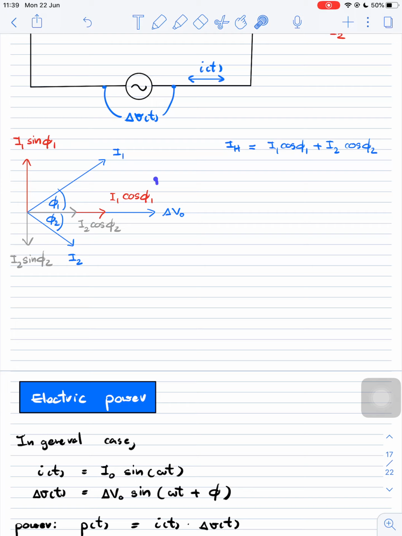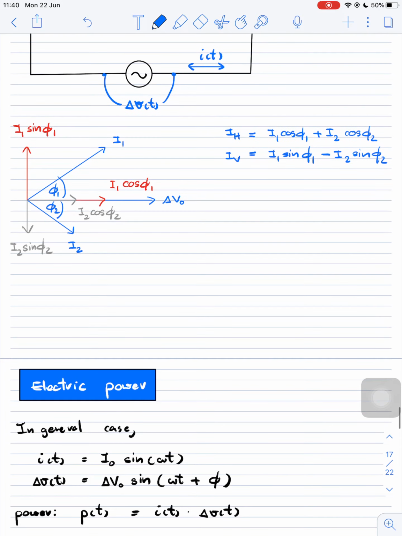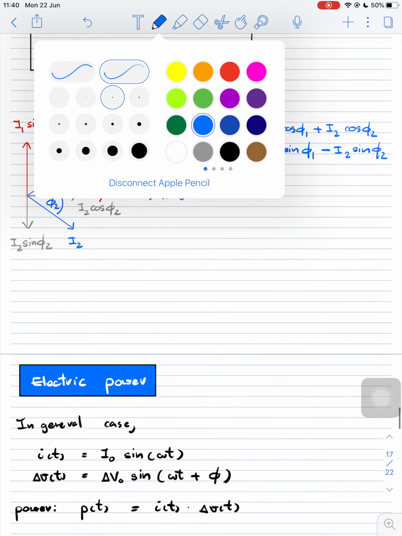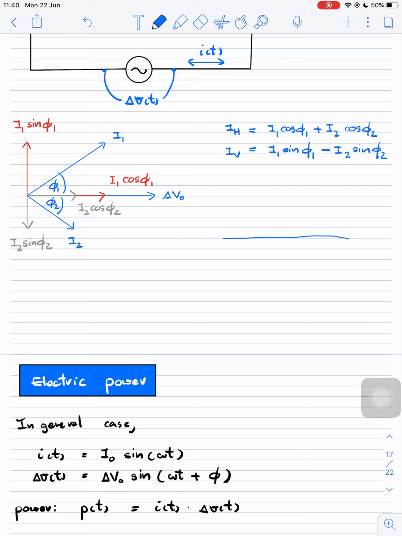Don't forget that these two point in the same direction, so that's why we need to add them up. But for IV, the vertical components, this one points in the upward direction and this one points in the downward direction. So we have I1 times the sine of phi1 minus I2 times the sine of phi2, right?